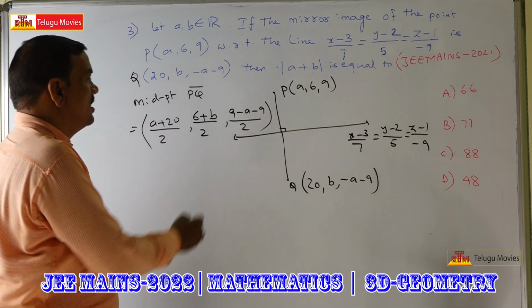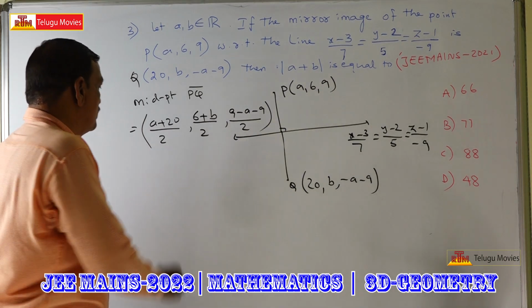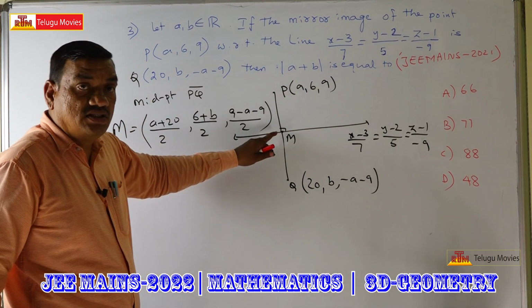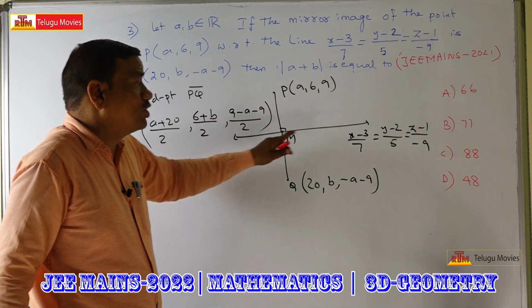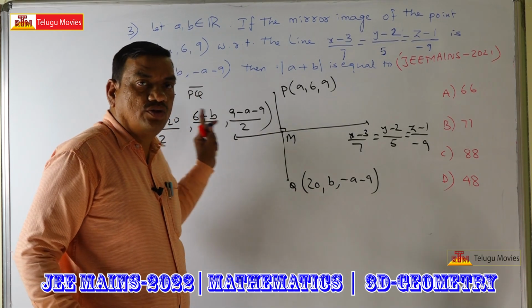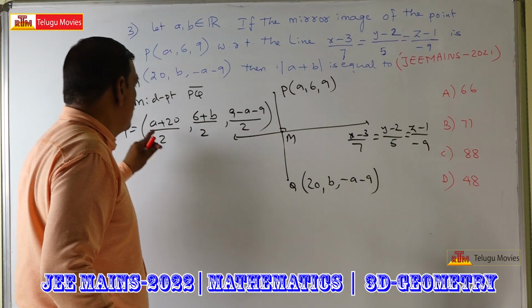Understand? So, the 9 minus 9 we can cancel, right. This is the midpoint of this line segment, call it M. If you observe, this M lies on this line. So when M lies on this line, this point should satisfy this equation. Wherever x is there, substitute this value.